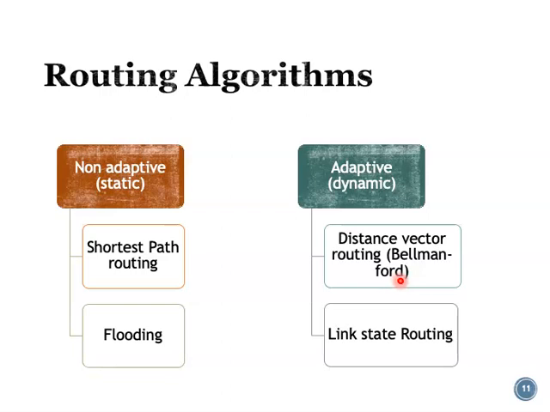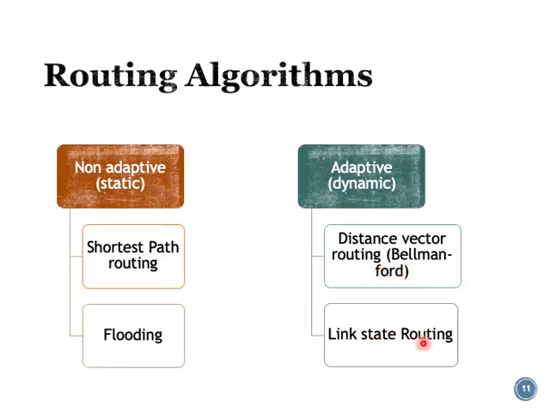An example of distance vector routing is Bellman-Ford. Bellman-Ford is an algorithm based on graph theory, where a router is represented by a node and a network is represented by a link connecting two nodes. An example of this is the Routing Information Protocol.